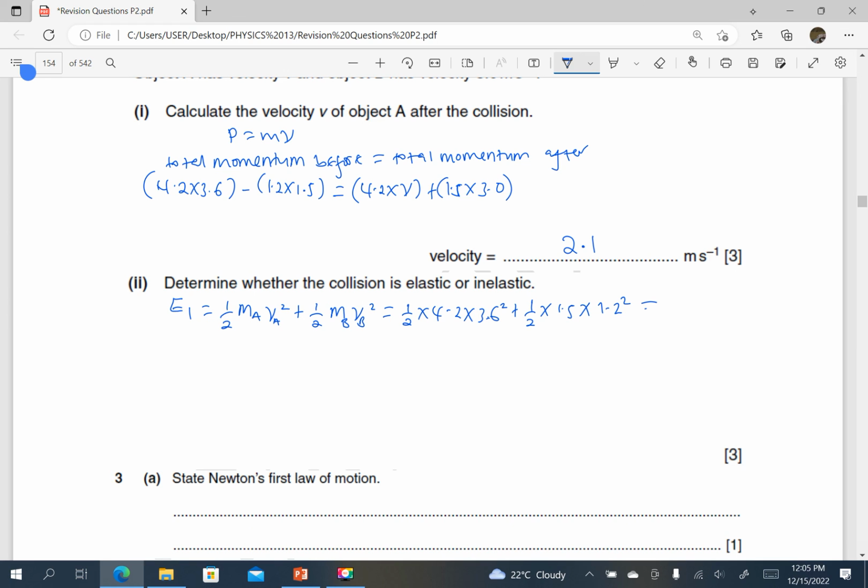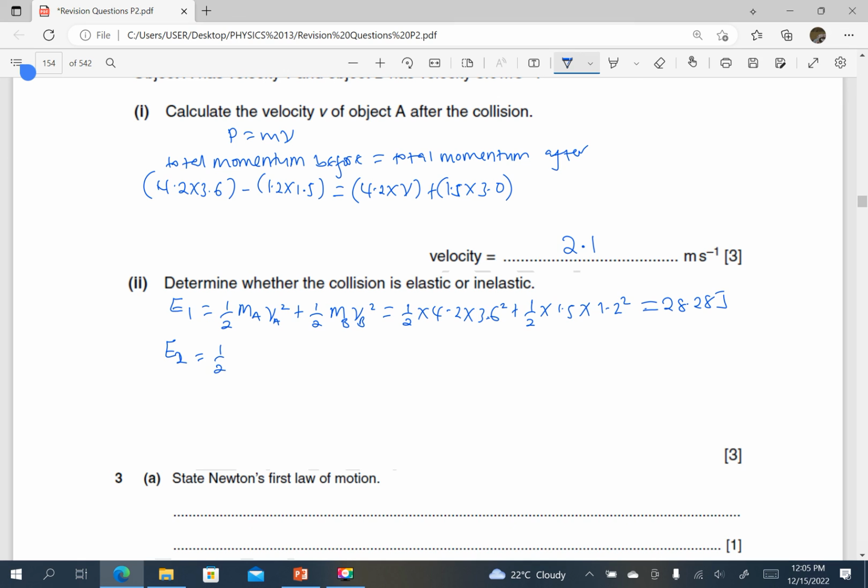So here this gives me total kinetic energy as 28.28 joules.